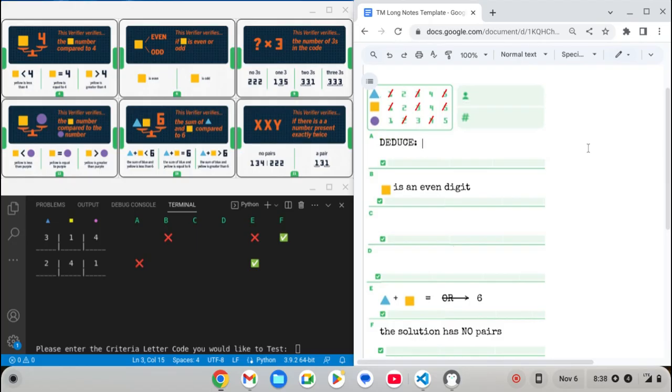I'm going to deduce that square is less than 4, which means that basically square is 2. So let's go ahead and then cross out the 4 in square, leading us to then cross out the 2 in triangle, since we're trying to achieve a sum of 6.